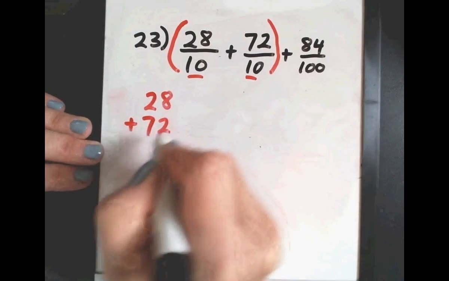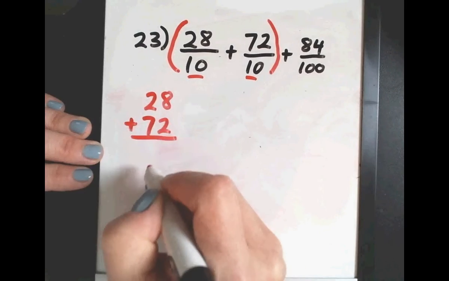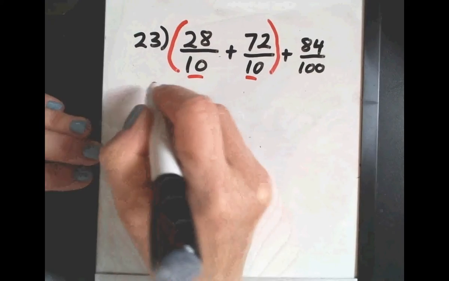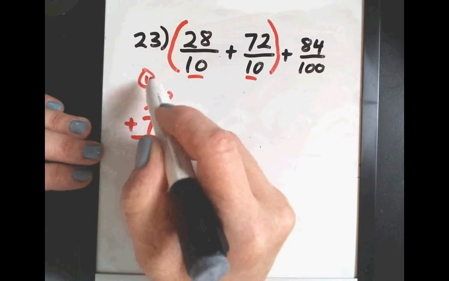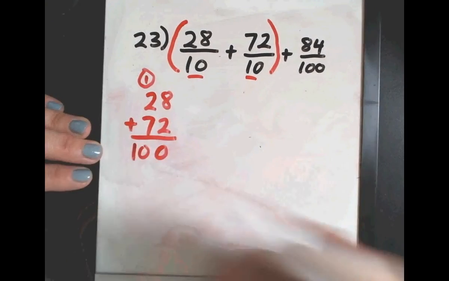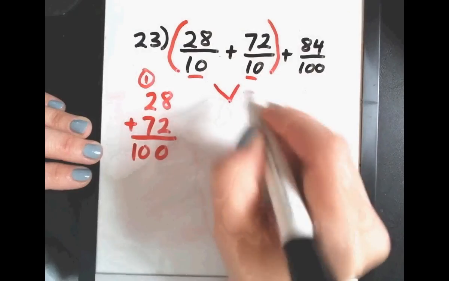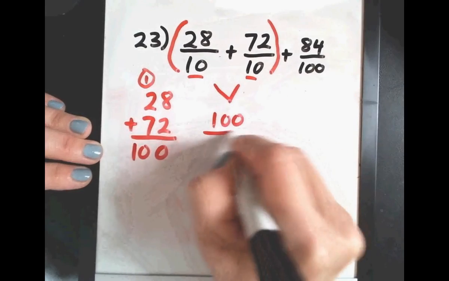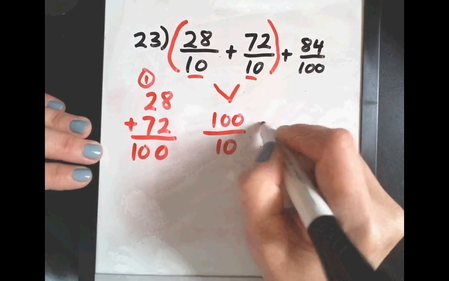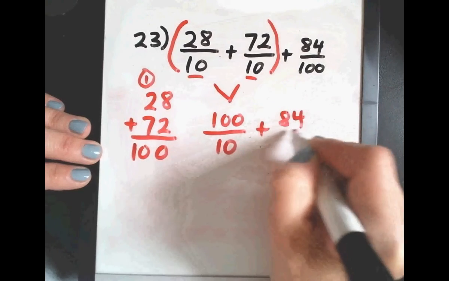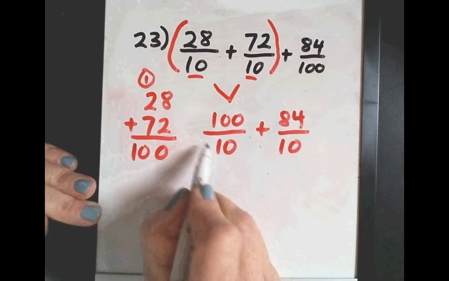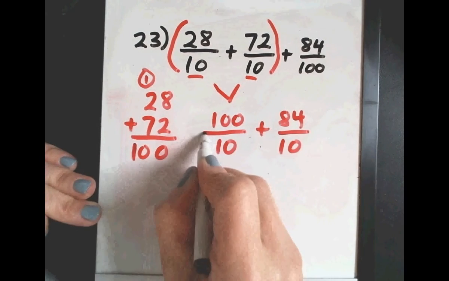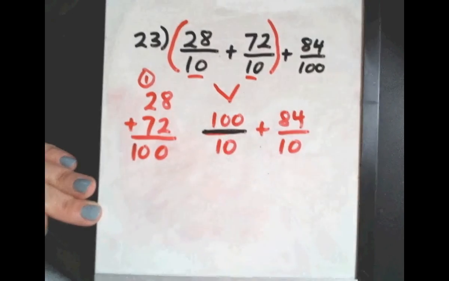So I'm going to add together 28 plus 72. 8 plus 2 is 10. So I drop the 0, regroup the 1. 1 plus 2 is 3, and 3 plus 7 is 10. So I'm rewriting this as 100 tenths plus 84 hundredths. So like we went over in the problem before, number 22, I can rewrite this.